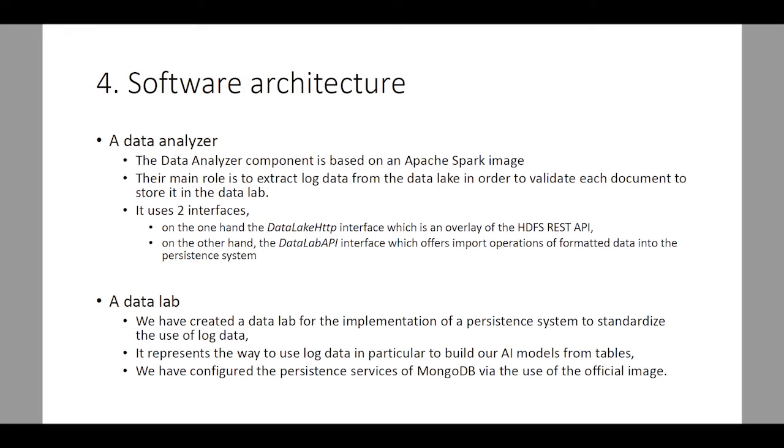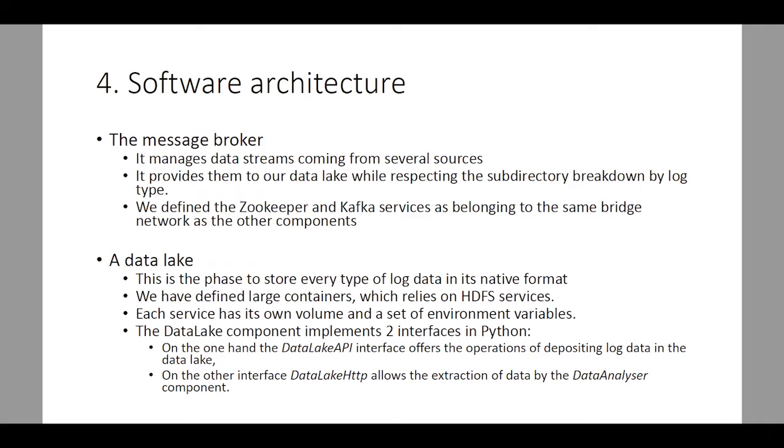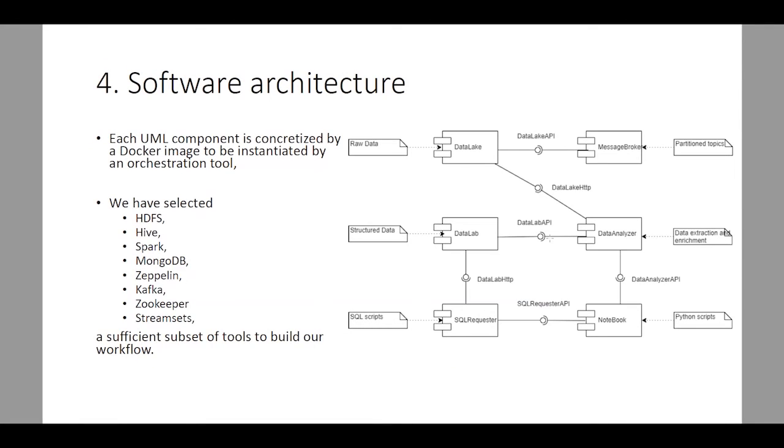As before, there are two interfaces, one for data management and another one for querying the data. As you can see on this diagram, there are the Data Lab API and the Data Lab HTTP.